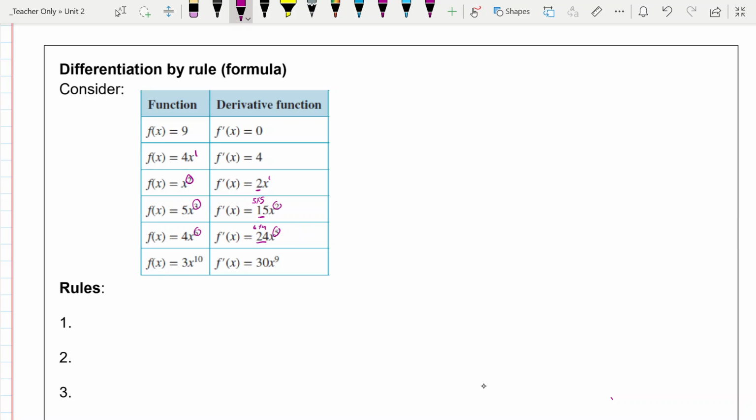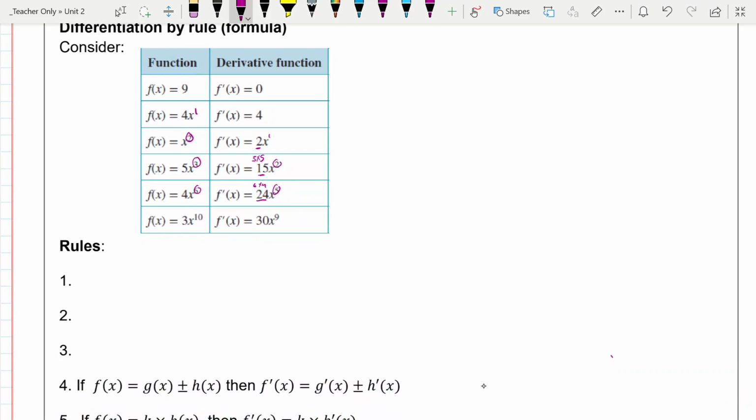So in general, we can then say if our original function is x to the power of n, then f dashed of x, or our derivative, will be n, our original power, times x to the n take 1.